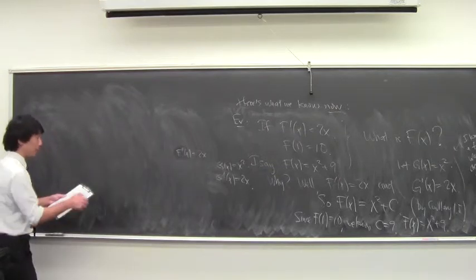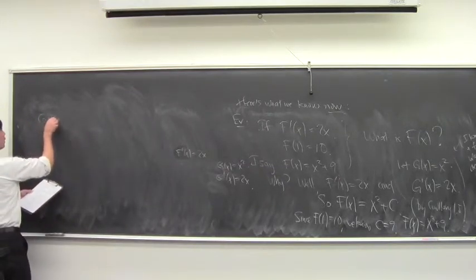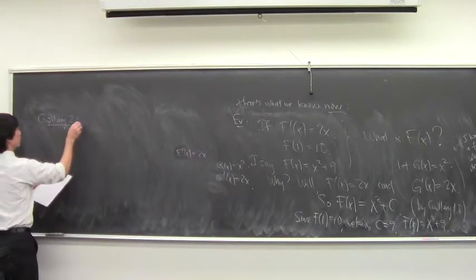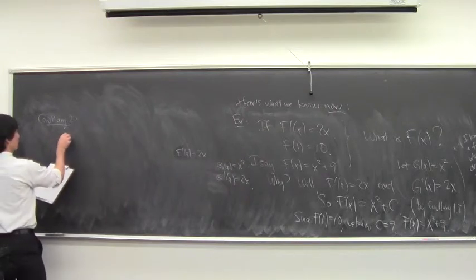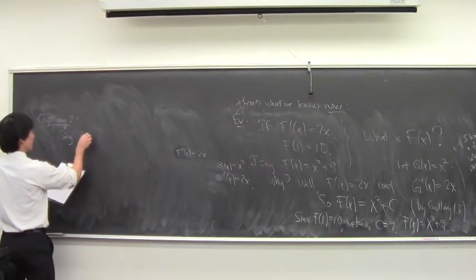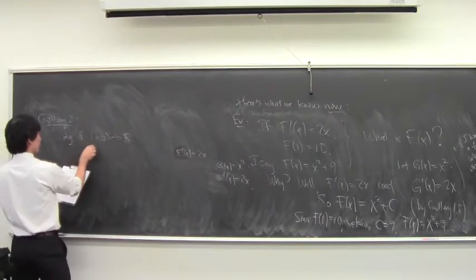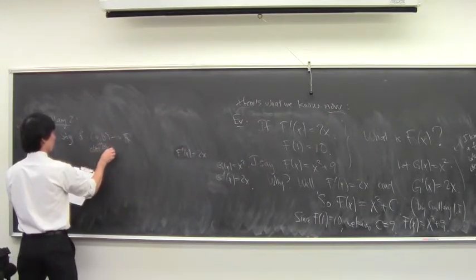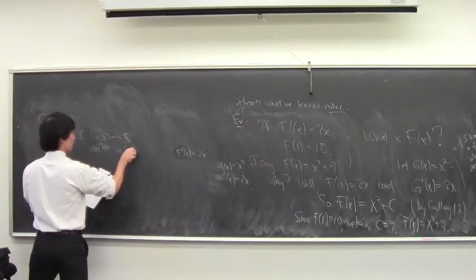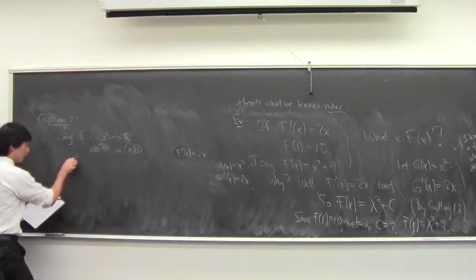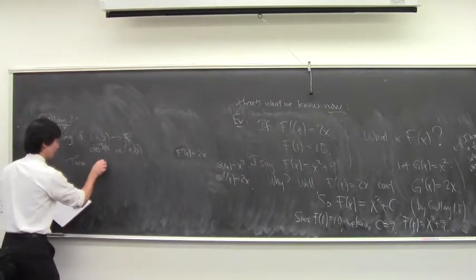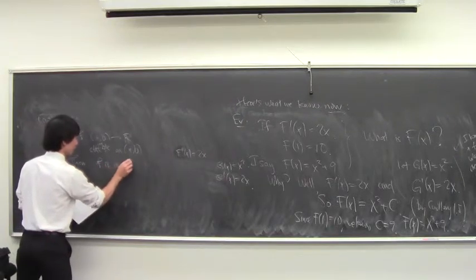Okay. So last corollary, corollary 2. Say that you have some function on AB, and it's differentiable. Then f is increasing.